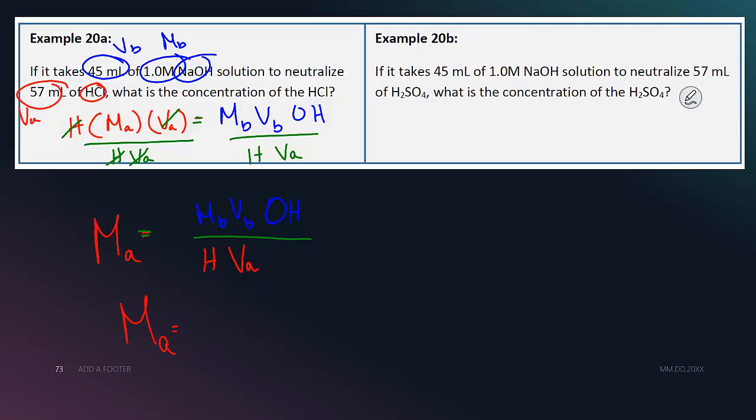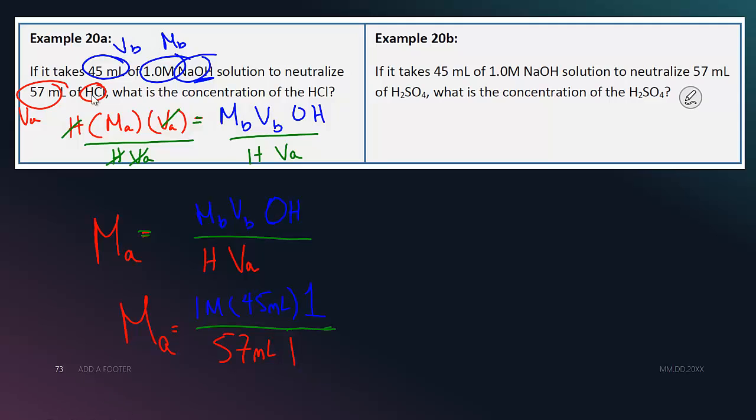The molarity of the acid is going to be the molarity of the base, 1 molar, times the volume of the base, 45 milliliters, times the number of hydroxides, which there is 1 hydroxide in sodium hydroxide, divided by the volume of the acid, 57 milliliters, times the number of hydrogens, and there is 1 hydrogen in hydrochloric acid.